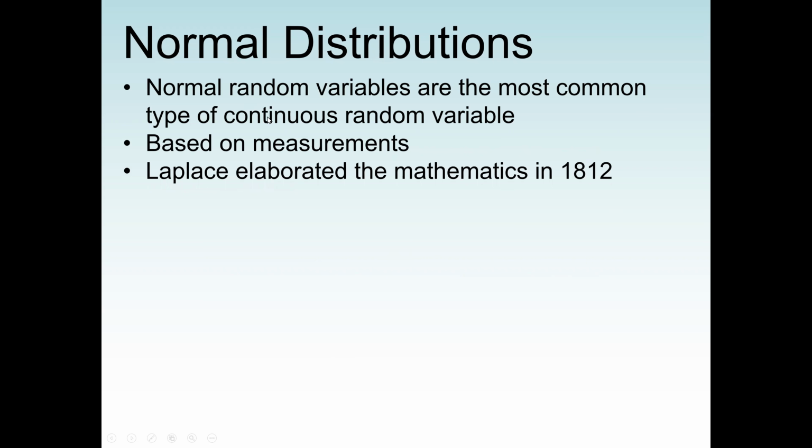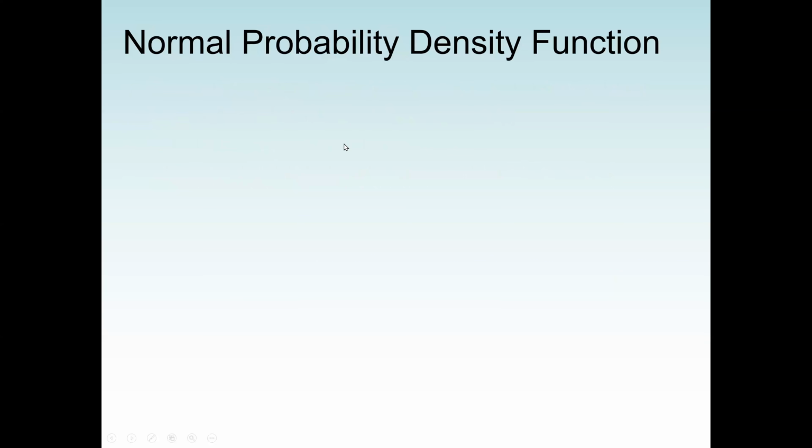So a normal distribution is a continuous probability distribution, which means the random variable's values are based, again, on a measurement. Counting is a discrete probability distribution. So continuous random variable values are based on measurements.